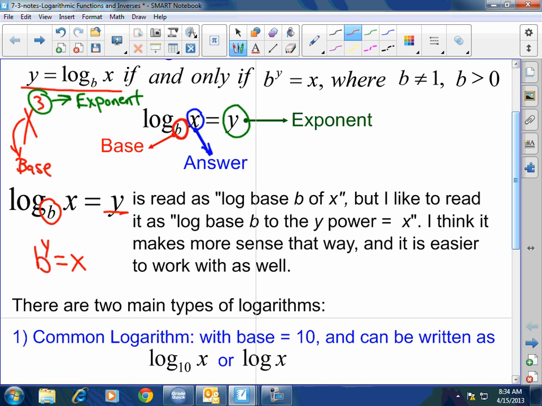That's what's happening here. Okay? So the y is now independent, the x is now dependent. So, yes, this is officially read as log base b of x. Yes. I like to read it as log base b raised to the y power equals x. It's more complete for me.